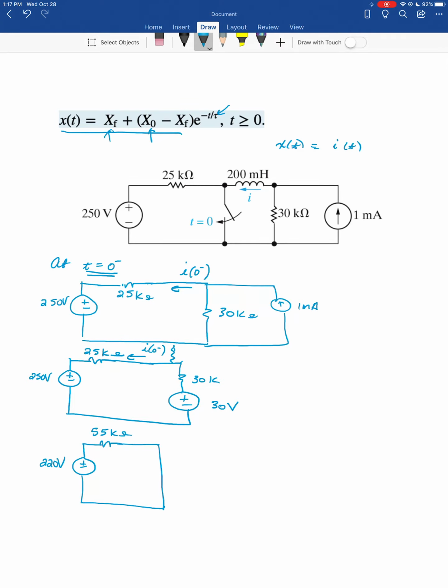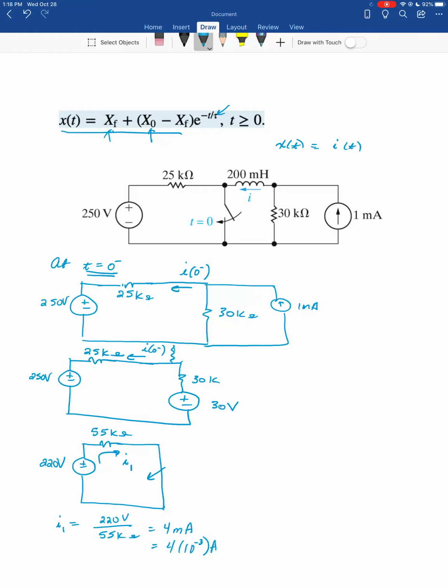If I, for the moment, ignore the inductor current that was labeled and just look at this circuit, I know that the current is going to flow in the clockwise direction because of the direction of the voltage source and the direction of the voltage drop across the 55 kilo ohm resistor. So I1 is 220 volts over 55 kilo ohms, which should reduce to 4 milliamps, or 4 times 10 to the minus 3 amps.